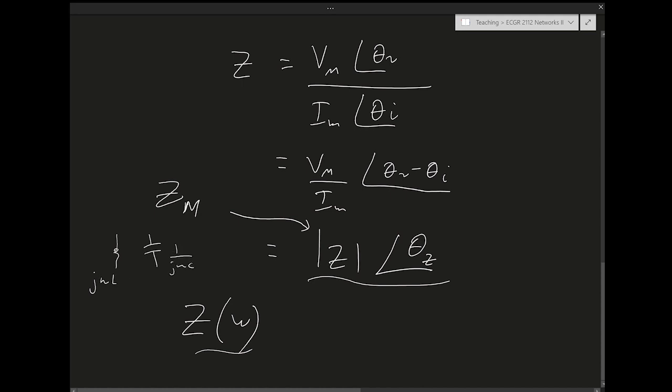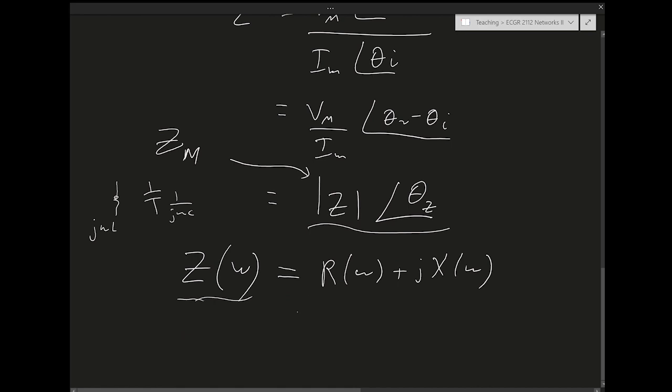We'll discuss that in a bit. But in rectangular coordinates, it would look something like R(omega) plus j X(omega). That's how it will split into a real part and an imaginary part. And the real part is what's called the resistance.